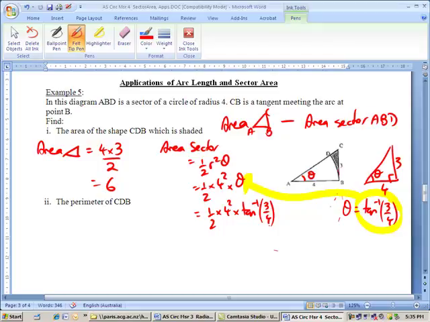Now obviously, because I'm working with this, when I press the tan function, I'm going to have my calculator in radians mode, because I need the angle to come out in radians to work in the area of the sector formula. So I have my calculator in radians mode.